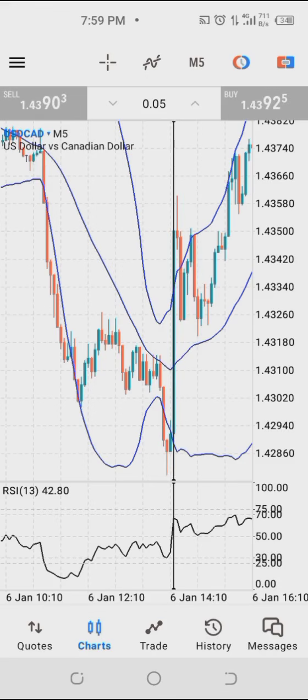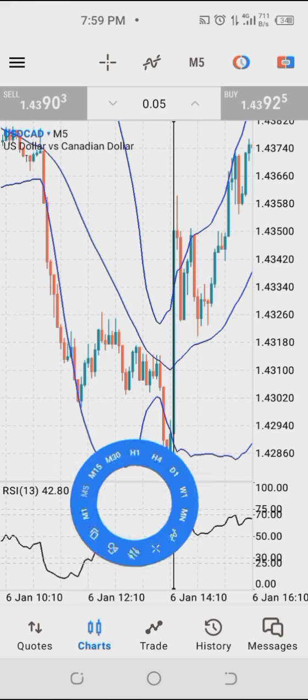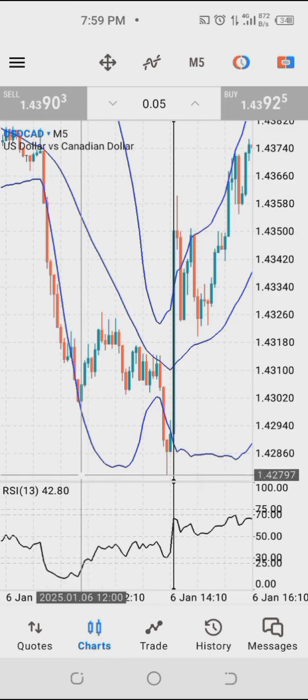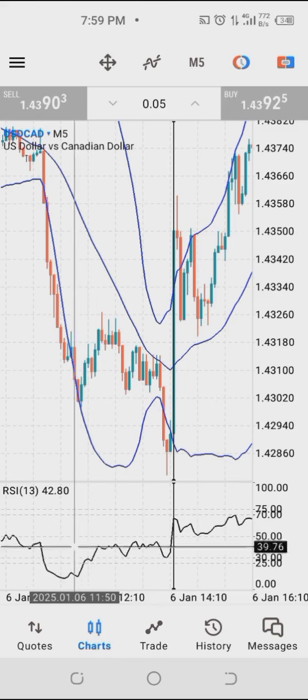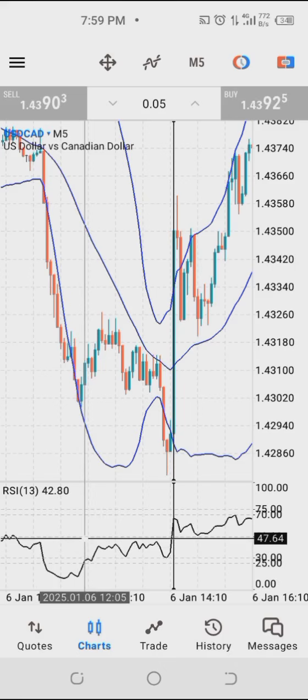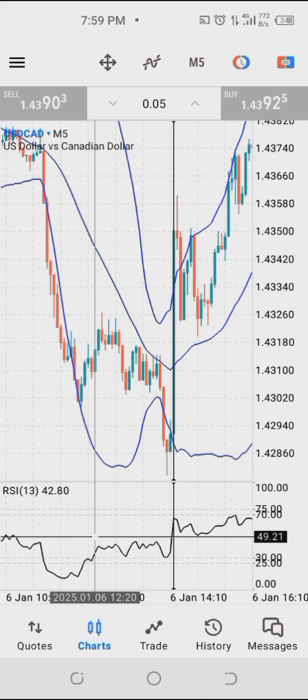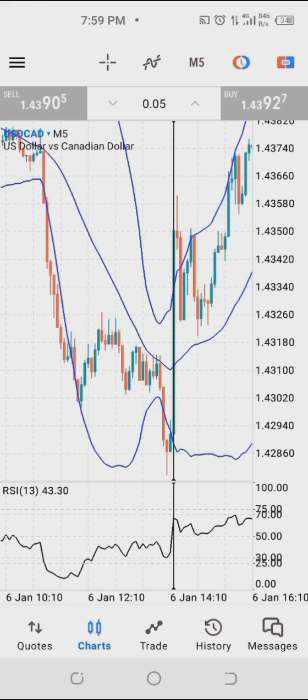Did you notice that at this point, the M5 RSI had not touched the level 50? So you are not supposed to be in the market. You are supposed to still be patient and wait for the RSI to touch the level 50. That is when you should confidently storm into the market, and then you take your trade.